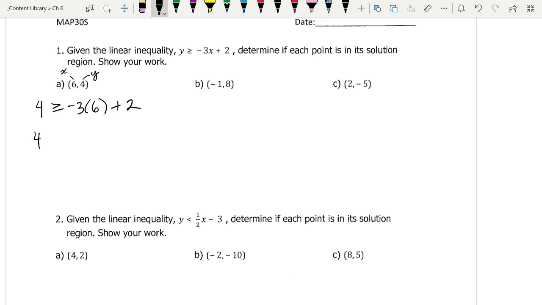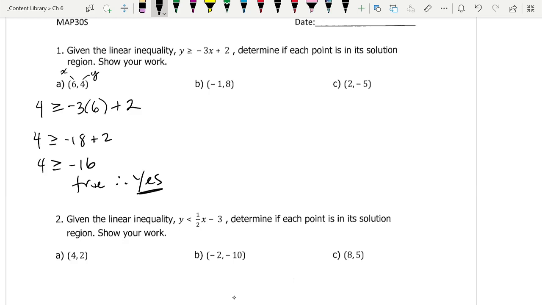Negative 18 plus 2. Is that a true statement? Yes. True. This point is a solution for that.